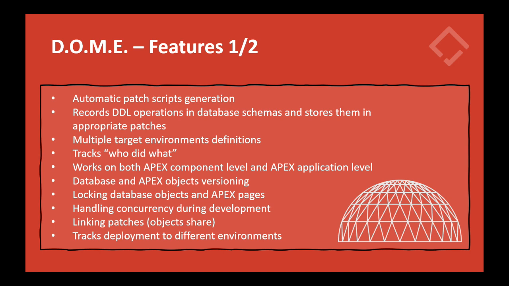This is useful for handling concurrency on the database, and it really lowers the chance that another developer overwrites the changes the first developer did and that he loses his work.